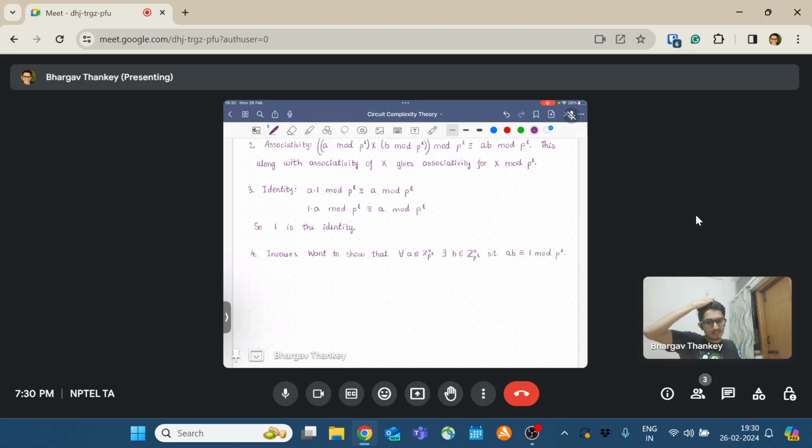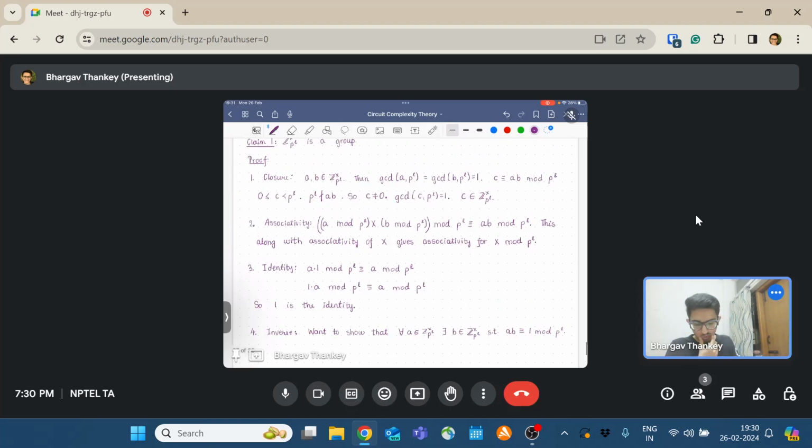Okay, so given A, what would B be? How do you show that such a B exists? So far in one, two, and three, we never used the fact that GCD is one.